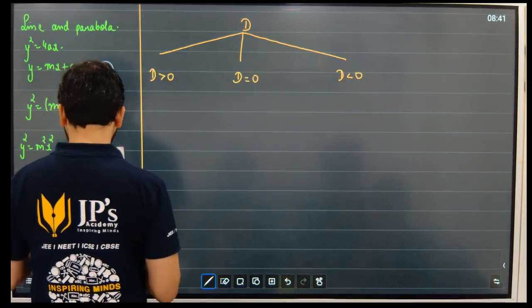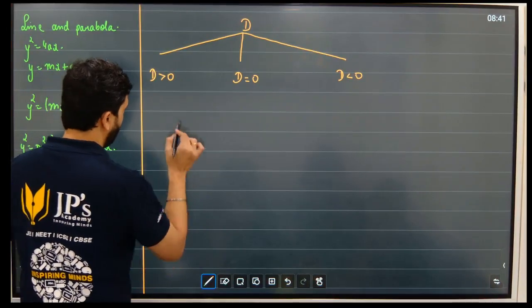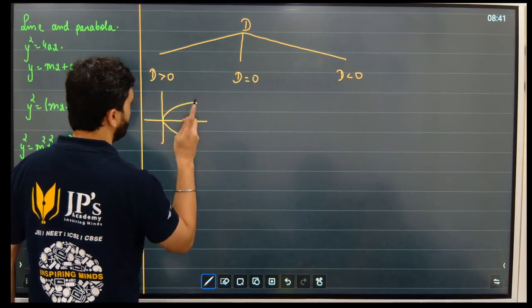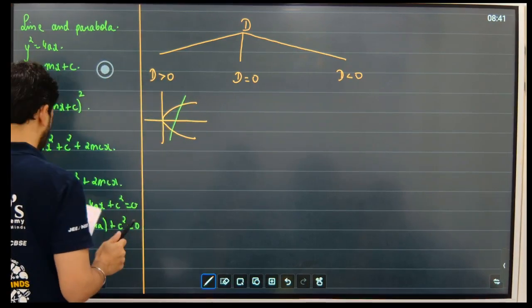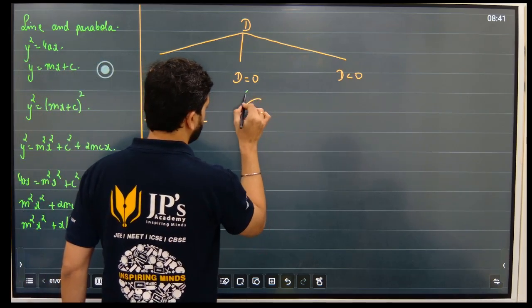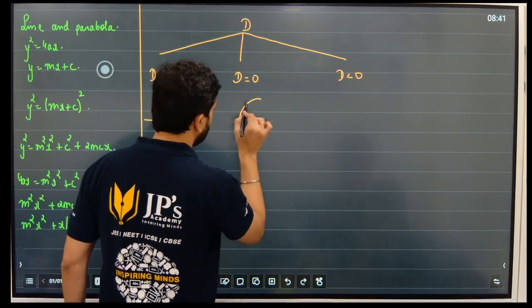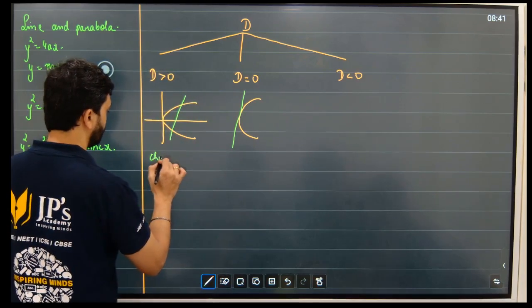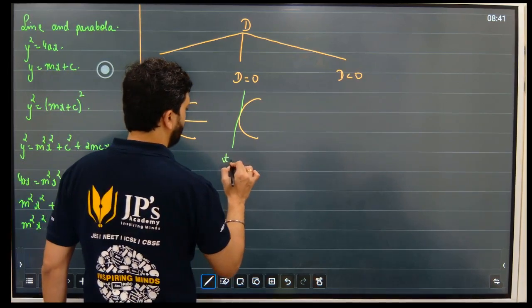Now guys, if discriminant is greater than 0 for a parabola, now imagine this is a parabola, any parabola, it will be a chord. If it is equal to 0, to ye parabola hai, it will be a tangent. So this is a chord, it is a tangent.